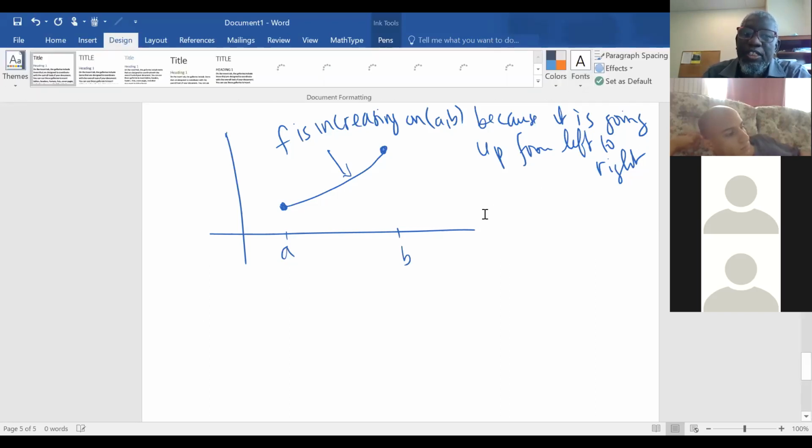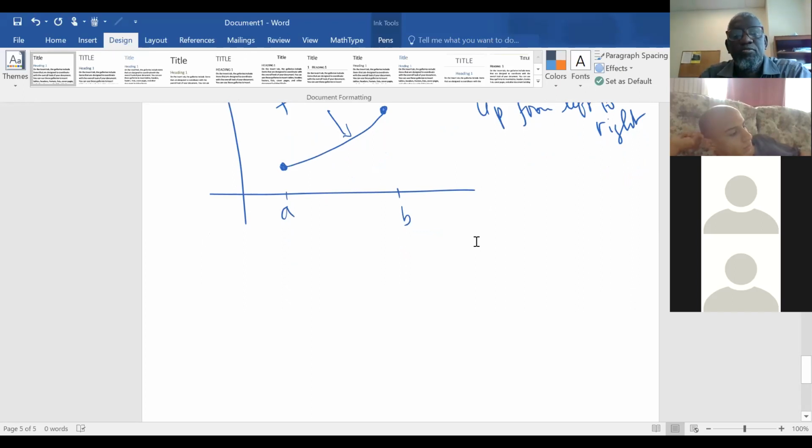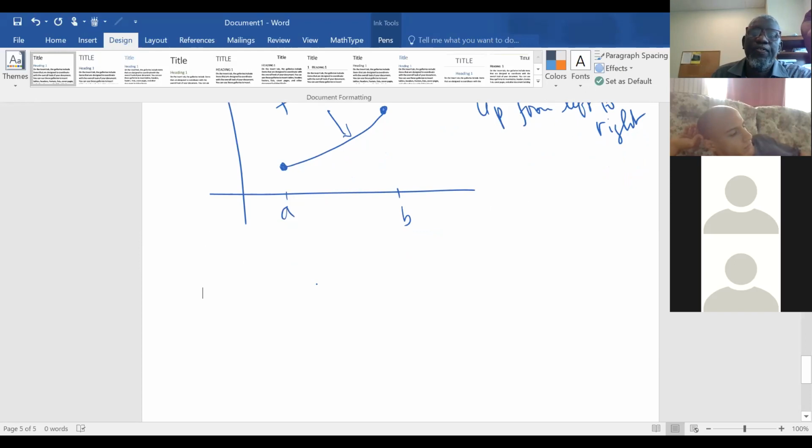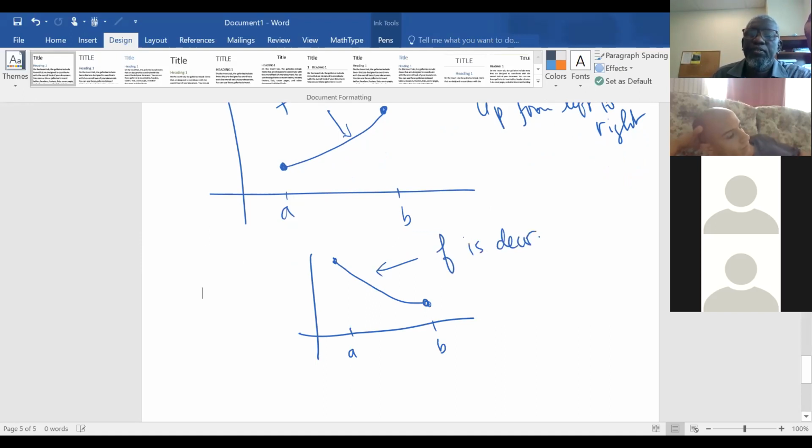What about the graph of a decreasing function then? What is your guess? When a function is decreasing, how's the graph going to go? The graph is going to go down from left to right, you see? So this is, f is decreasing. Okay?